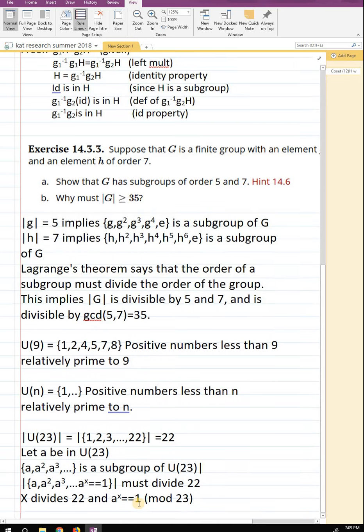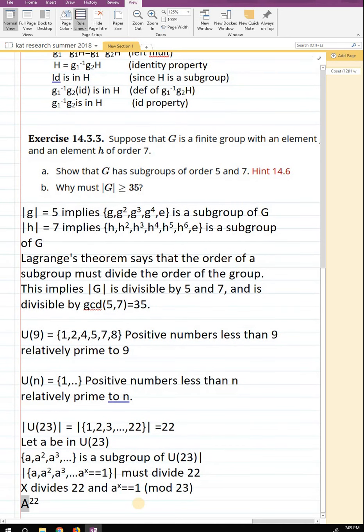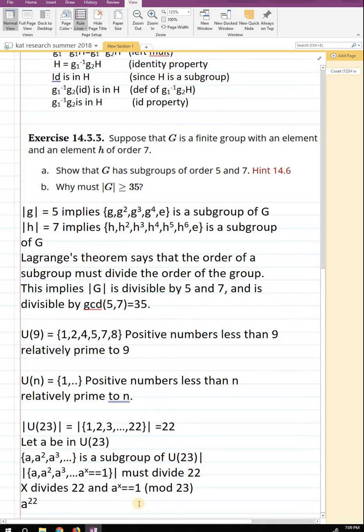So what does that tell me about a to the 22? That's also equal to 1. Why? Because mod 23, the remainder is 1.